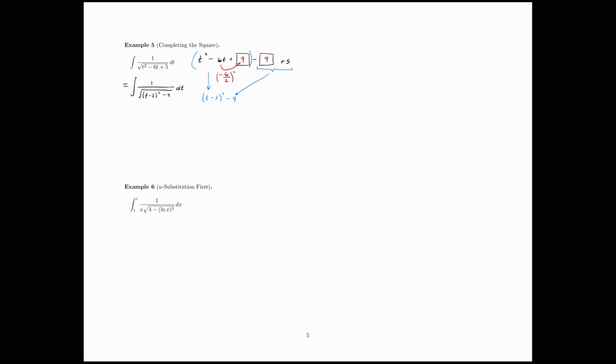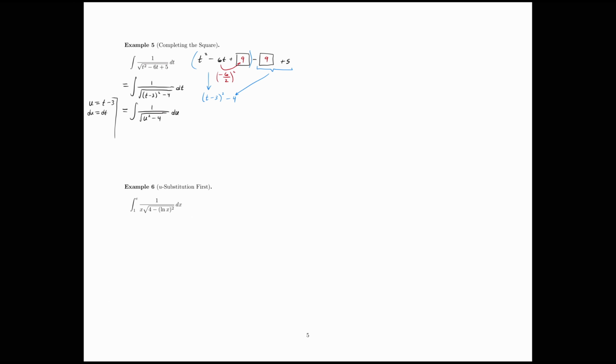So now what we can do is actually a u substitution before we do the trig substitution. We'll let u equal t minus 3, so then du is dt, and this integral turns into the format desired, which is u squared minus 4 du. Something squared minus something else, or plus.